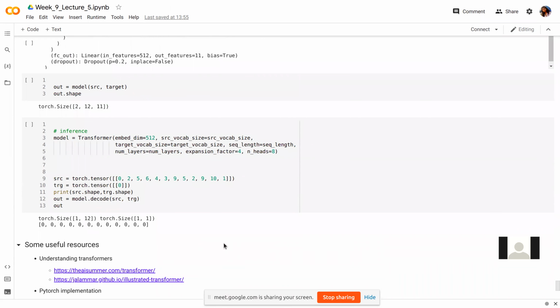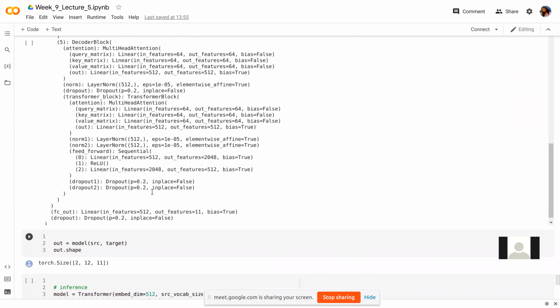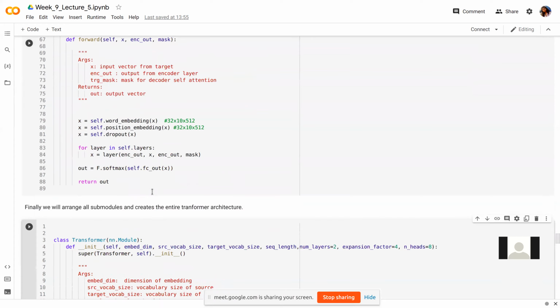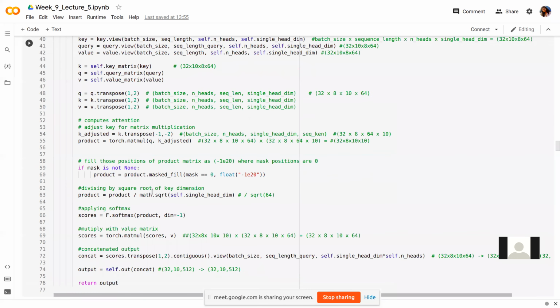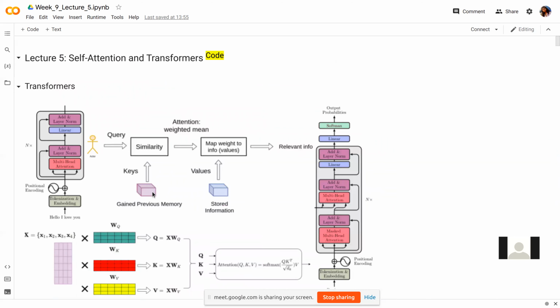Then during inference time, if the torch tensor is this and the target tensor is this initial tensor, it will decode it and predict the output. Here it is in numeric form because the vocabulary has been created and each word has been assigned an index, so each value here represents the index of the corresponding word. So with this, the tutorial on the transformer is done. We can stop here now and take the questions.